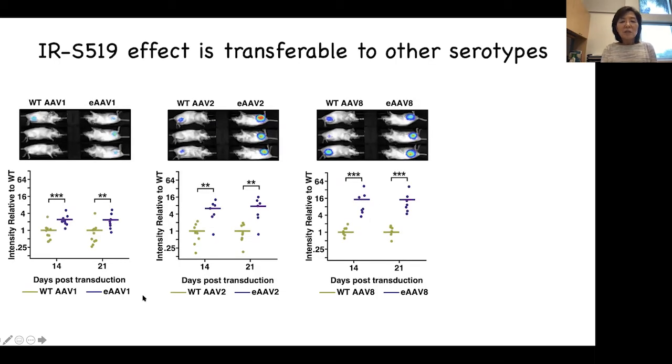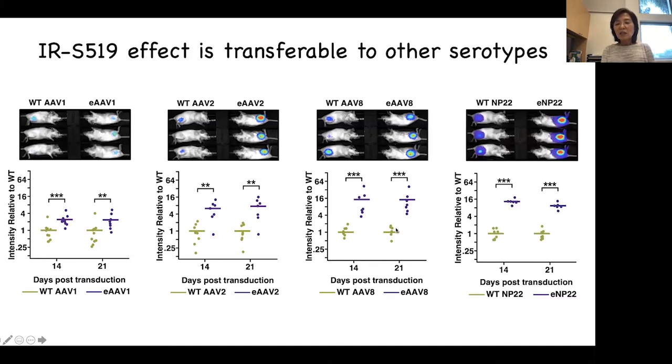Then, because this is just a peptide inserted into a loop, we decided that this should work in other AAV serotypes. So we put this S519 into the variable loop 8 of AAV1, 2, and 8, and saw some modest or significant improvement of transduction efficiency.